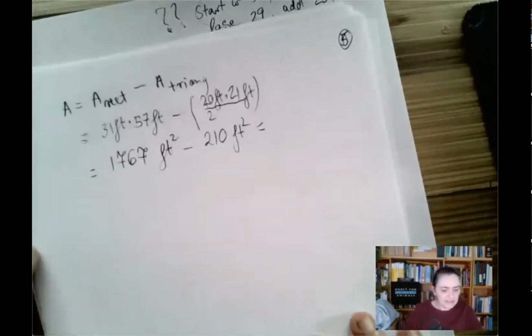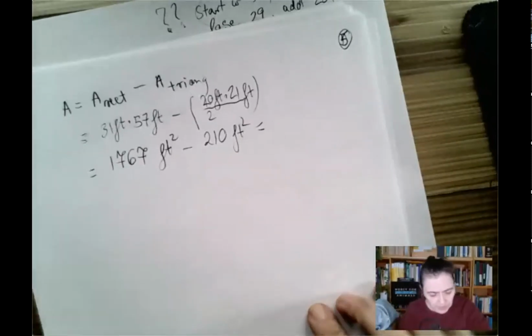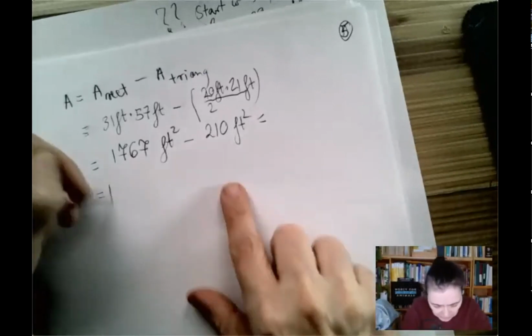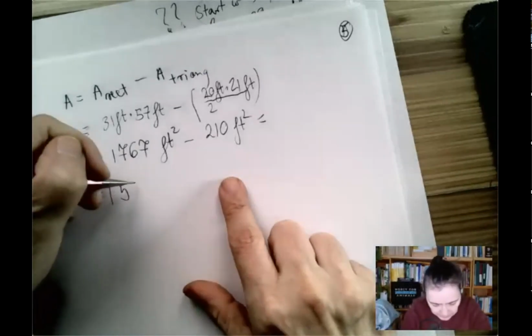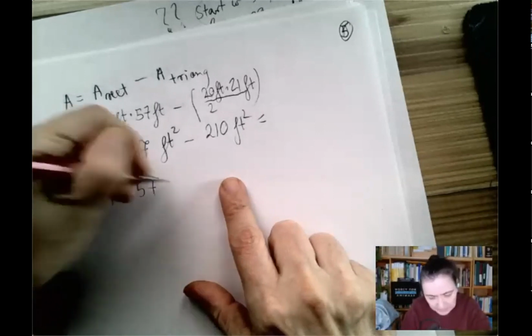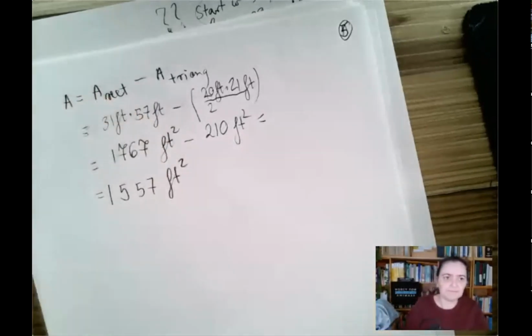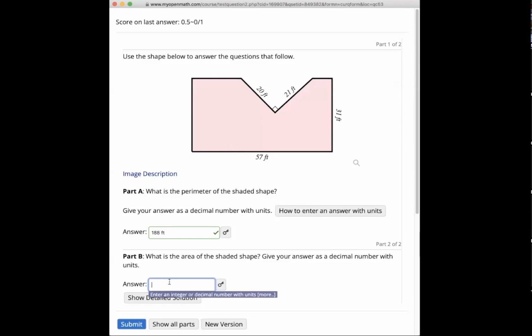Feet times feet. Every area should have that. Maybe I can do this without the calculator. 1,557 square feet.